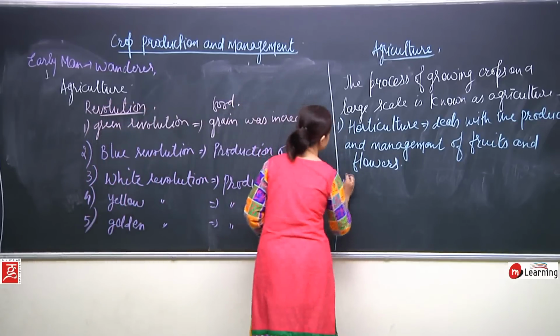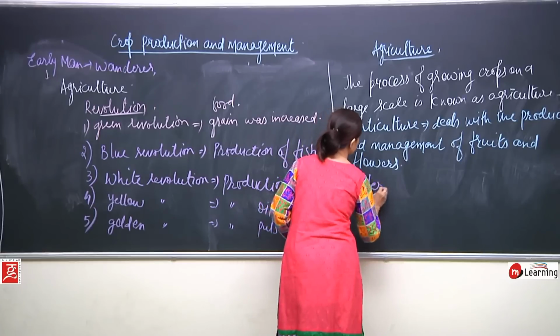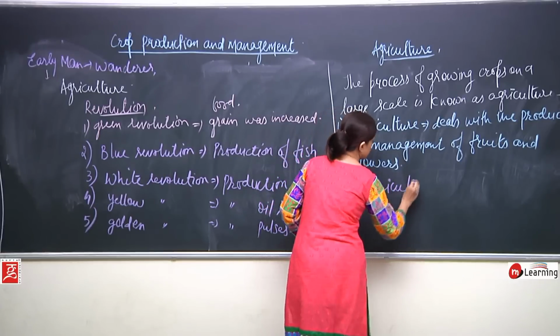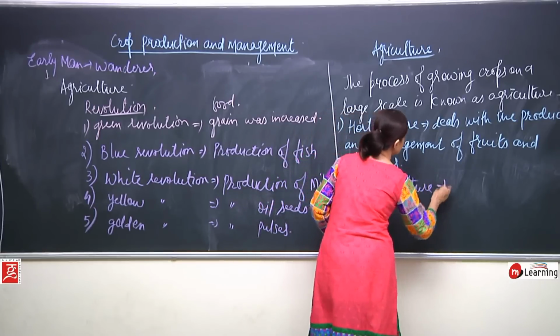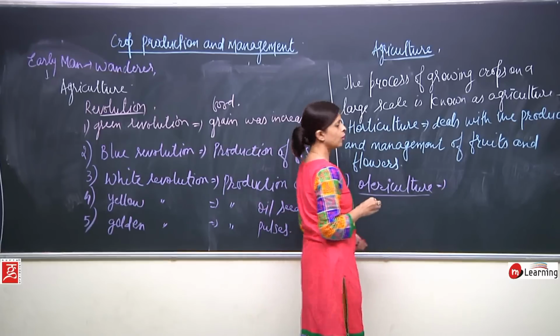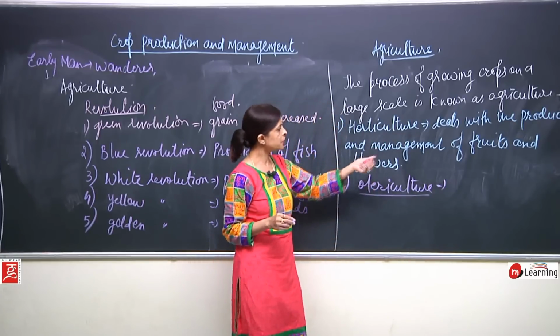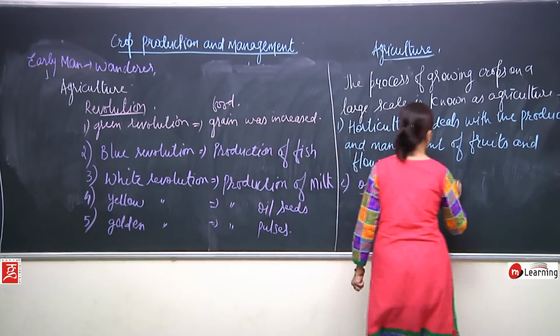Now second is olericulture. Olericulture deals with the production and management of vegetables.